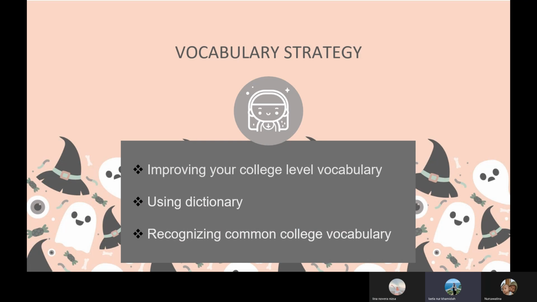Vocabulary strategy. There are three strategies to improve your vocabulary. The first is improving your college level vocabulary. In college texts, you will encounter many words that you don't know. One strategy for understanding these key terms is to use the key terms featured in your textbooks.